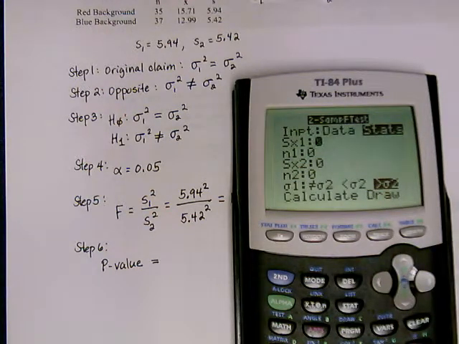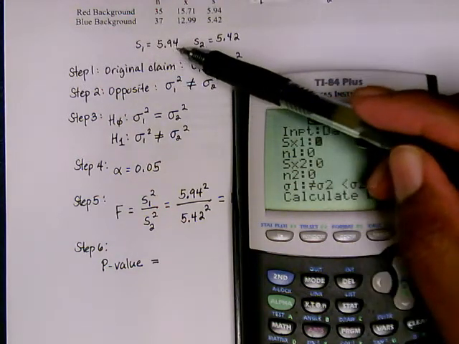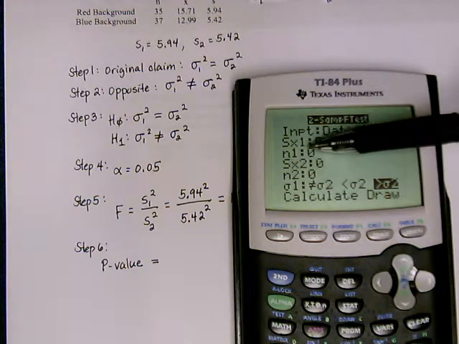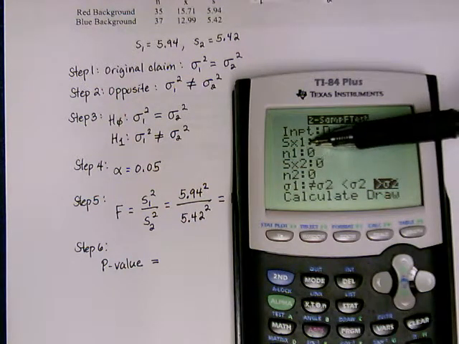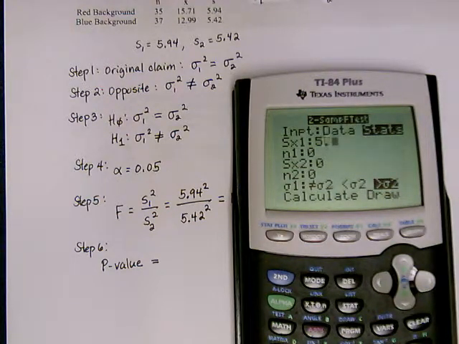Then hit your down arrow key. SX1. Now, I'll let S1 be 5.94. That's the standard deviation of the first data set, or the first sample statistics. So I'm going to type in 5.94.